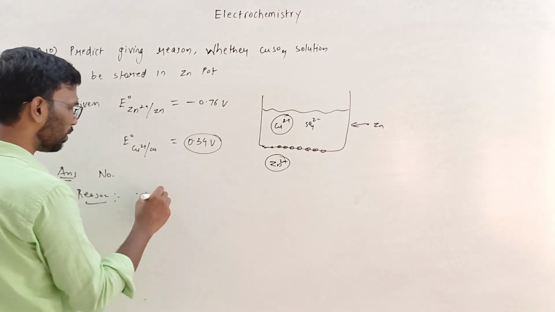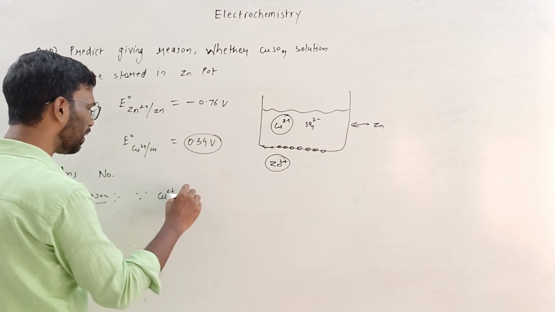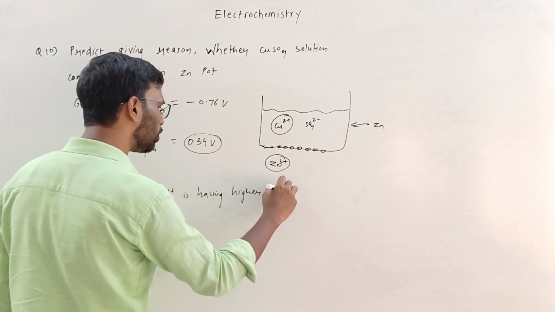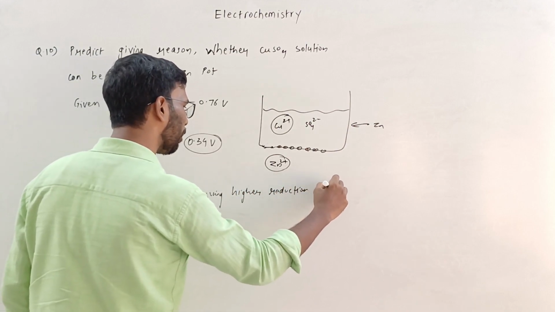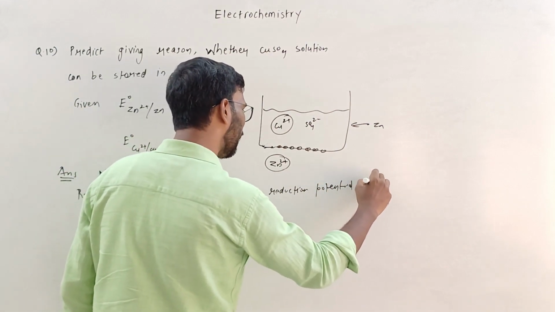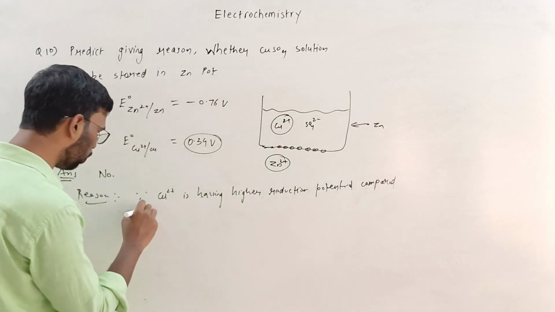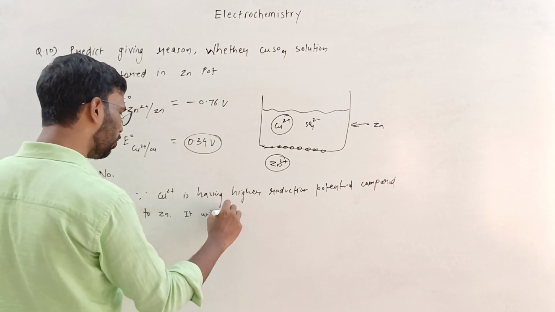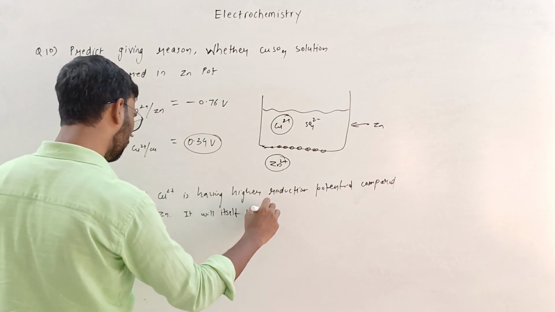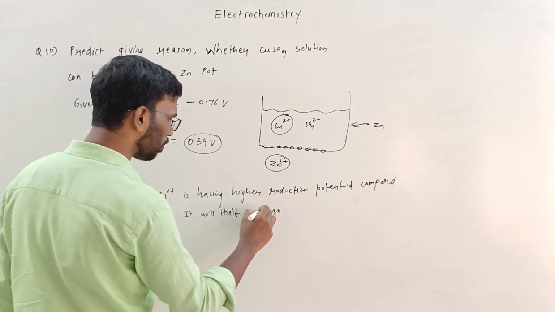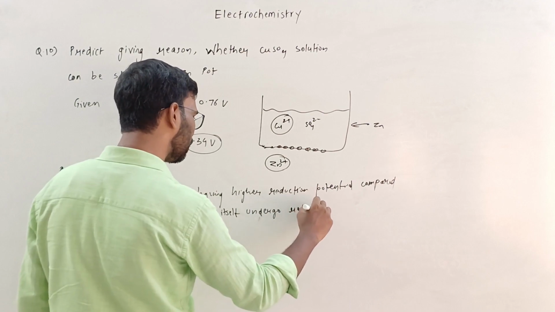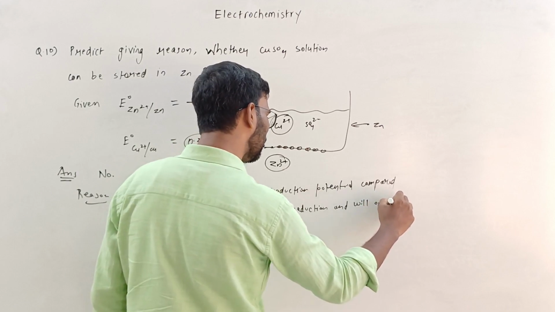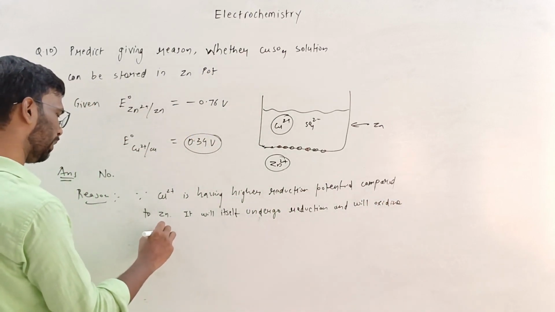Since Cu2+ has a higher reduction potential compared to zinc, it will itself undergo reduction and will oxidize the zinc pot.